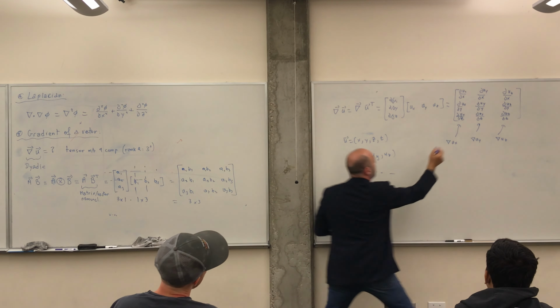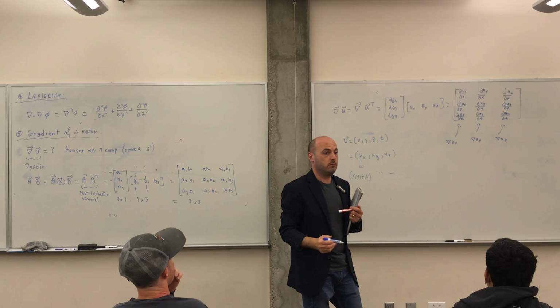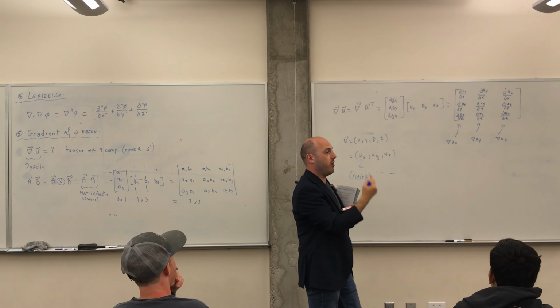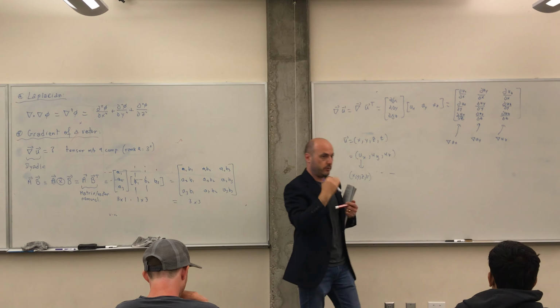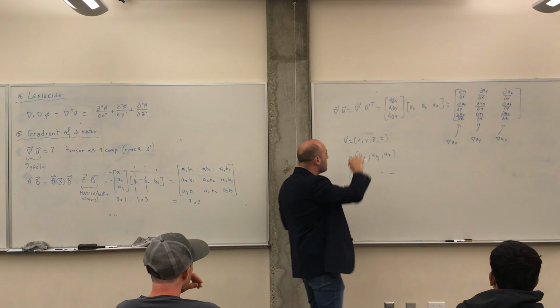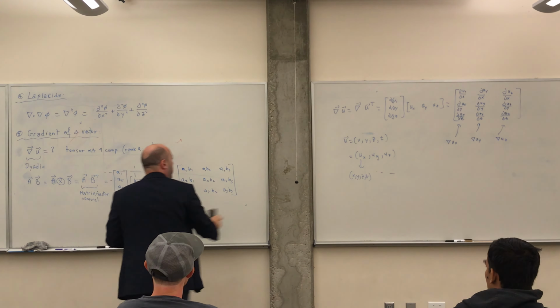Okay? So if uy is the y velocity, it could change as you go down the pipe, right? So there's a duy by dx.